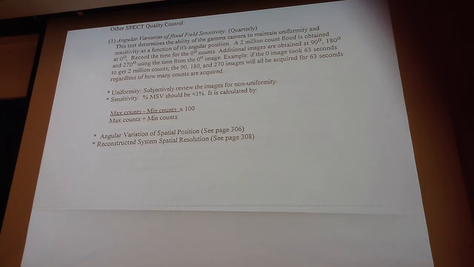These phantoms are not cheap. They have phantoms that you can use for calculating ejection fractions and things like that.